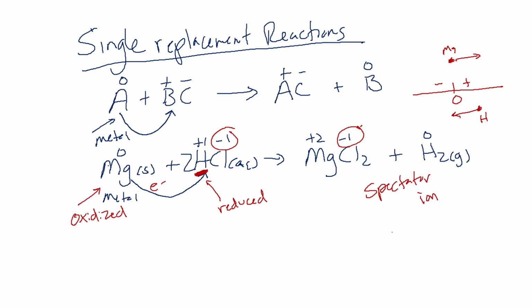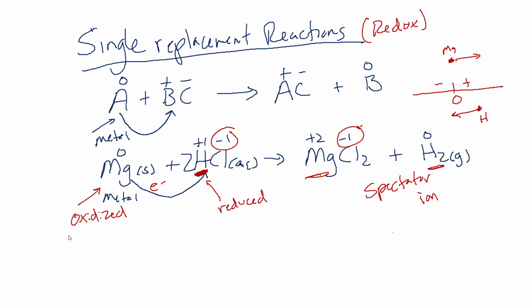And the hydrogen is picking up those electrons and now becoming hydrogen gas. You'll see some bubbles, and you'll see our magnesium chloride really floating around the solution as ions, basically. So this is a single replacement reaction. It is also still, as you can see, a redox reaction as well.